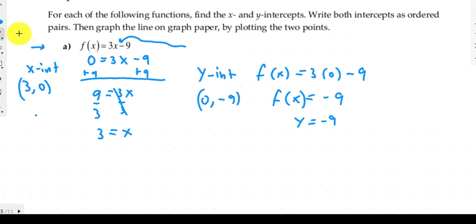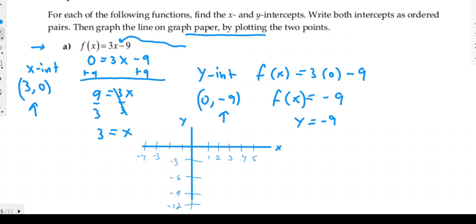So now that I have 2 points, I can plot this or I can graph it. You know, my graph's going to look ugly because I don't have graph paper, but I'm going to do it right now. And then we can take a look to see how our graph appears. So here's my rough graph, and I'm going to plot those 2 points. Let's see here. Oh, there we go.